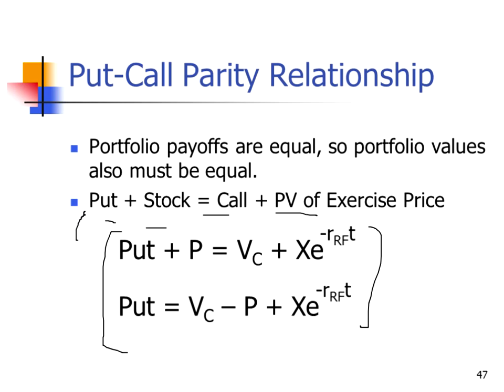Let me see if I can pull up some. Yeah, so they came up with this formula in 73, and if I'm not mistaken, one of them got the Nobel Prize because the other person had died.